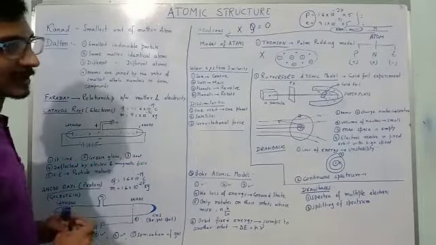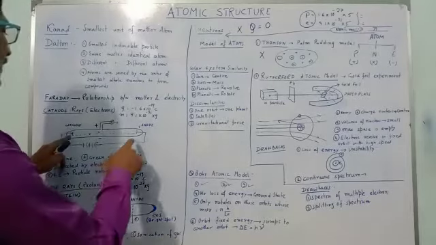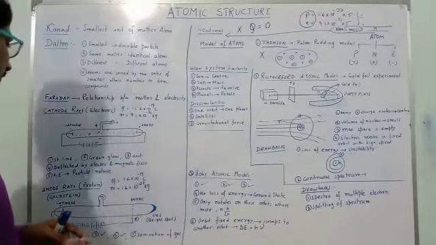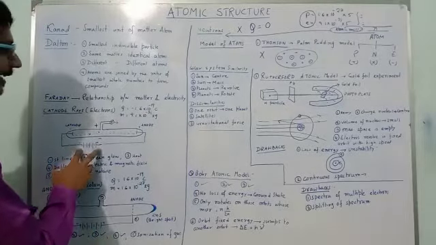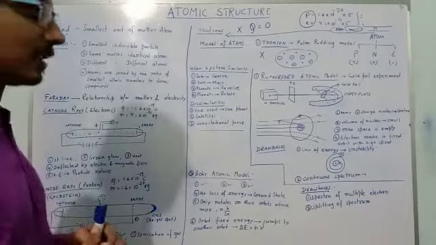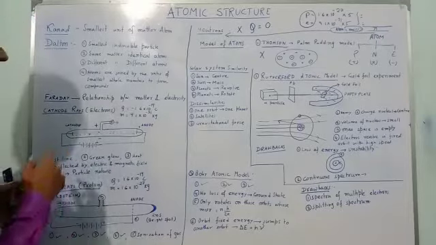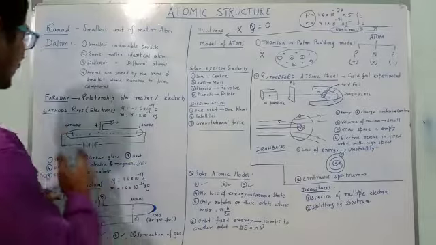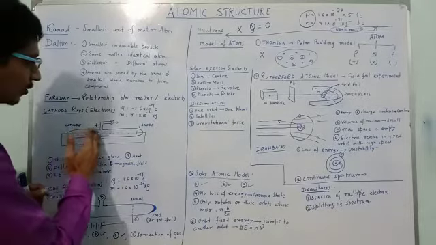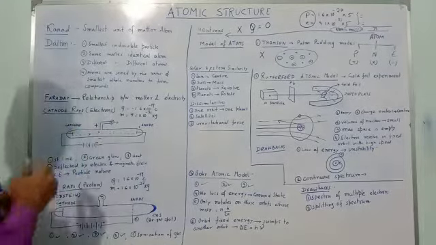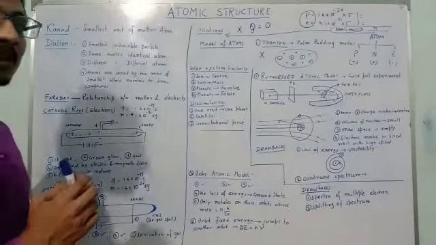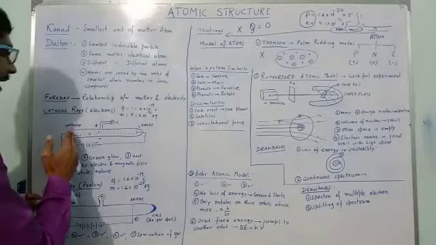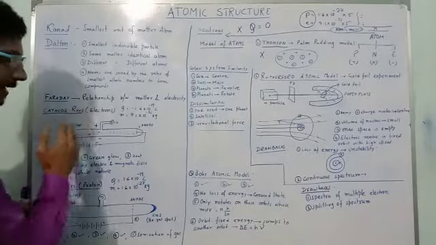Two electrodes, cathode and anode, are joined to the two ends of the battery, and under a high potential difference, some green colored rays will flow from cathode towards anode. As they are sourced from the cathode, they are called cathode rays.